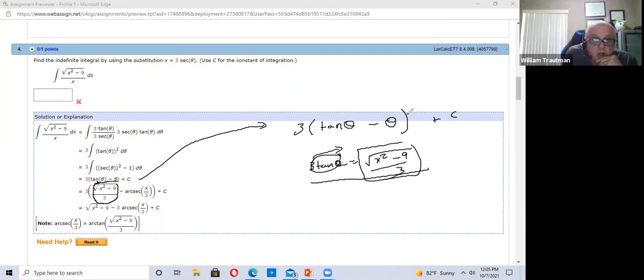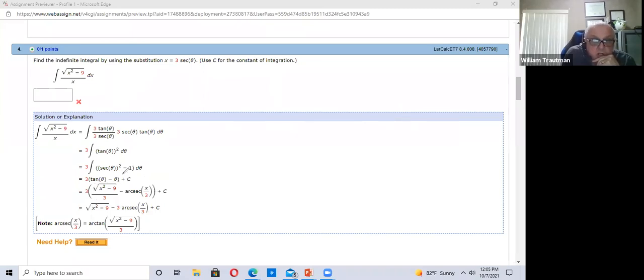Now, the hard part of all this, so that wasn't a hard part. The hard part is, we know tangent theta was switched to this, but how did theta get switched to this? That's the hard part.